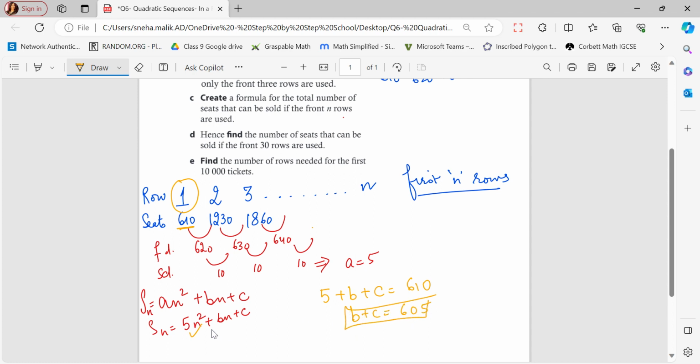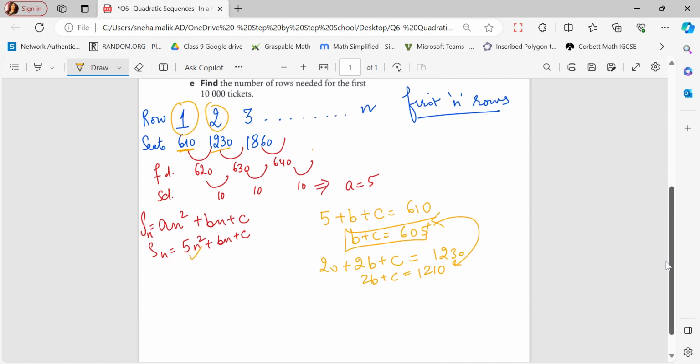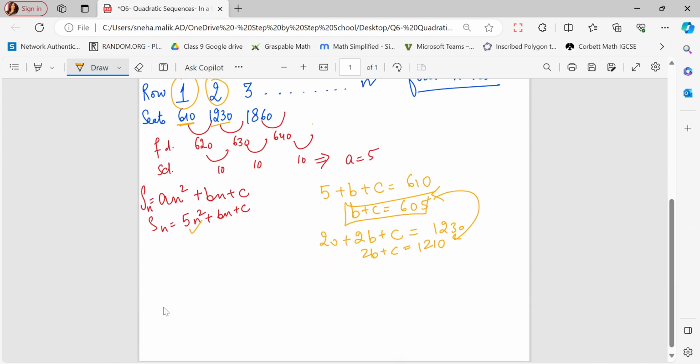Let's go to the second equation. Put n as 2: you get 20 plus 2b plus c, and the answer is 1230. So 2b plus c is 1230 minus 20, which is 1210. On solving both these equations, which everybody knows how to solve as simultaneous linear equations, we get b as 605 and c as 0.